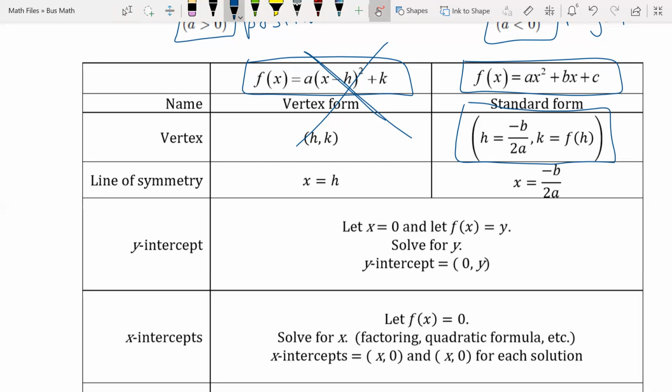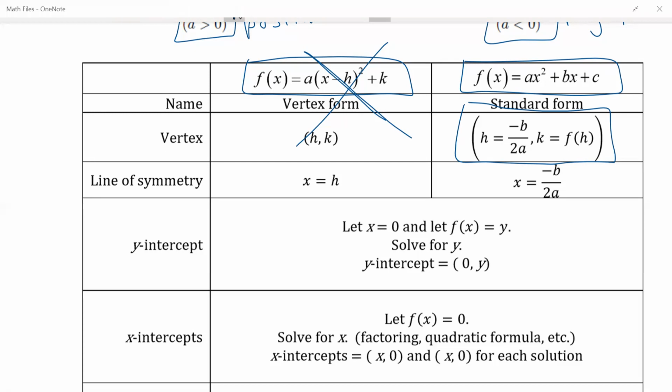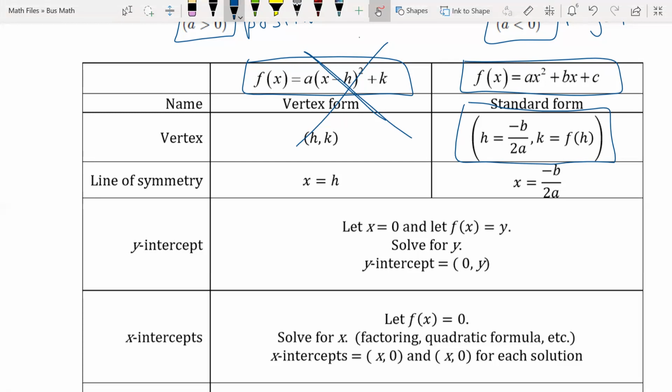Okay, so with that being said, to get k, you take this h value and plug it in for x. That's how you get k.